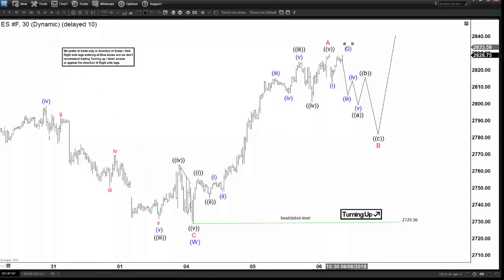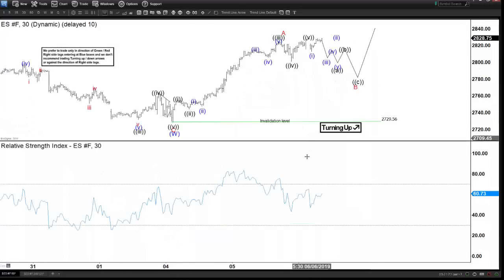If it makes a new high, then most likely we have two choices. I don't think this is the A and B. I think it's too early, even though it's possible. So if it makes a new high from where we are now, then we can count this as still within the wave 5, for example, depending on whether we still see a divergence or not.